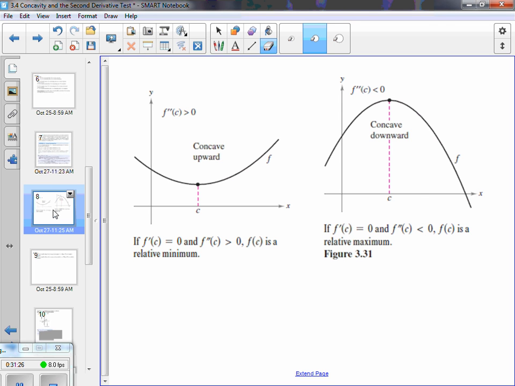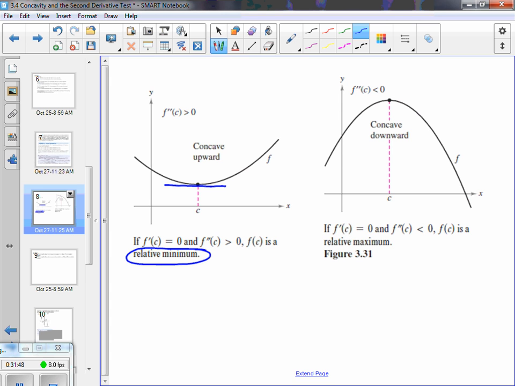The one on the left, the second derivative is positive. I know that because the graph is concave upward. Right there at x equals c, the first derivative is 0, isn't it? So, when the second derivative is positive and the first derivative equals 0, that sure looks like a relative minimum right there, doesn't it?